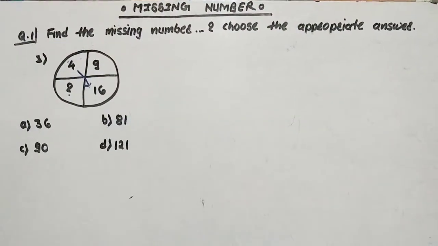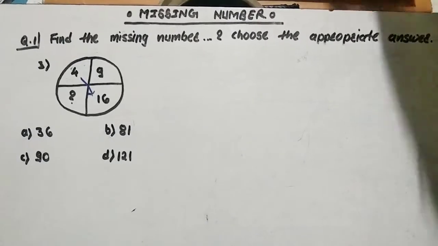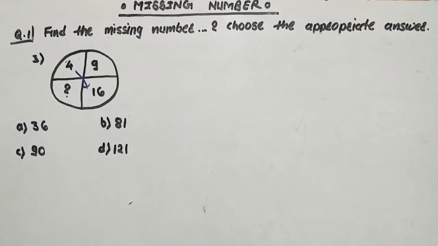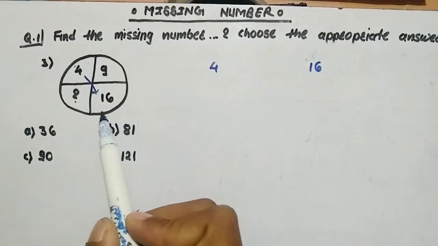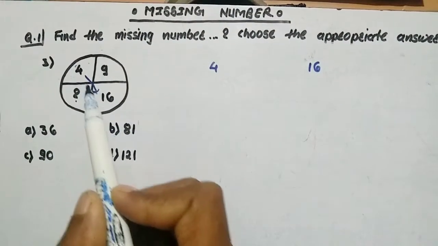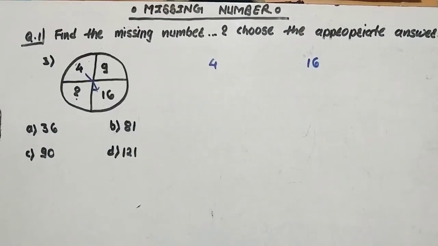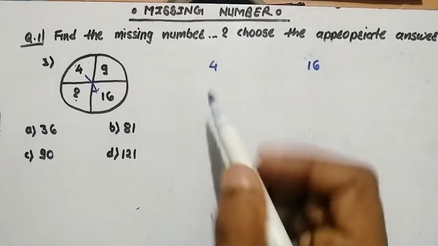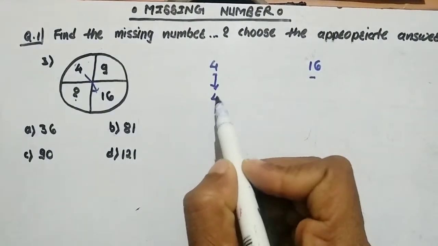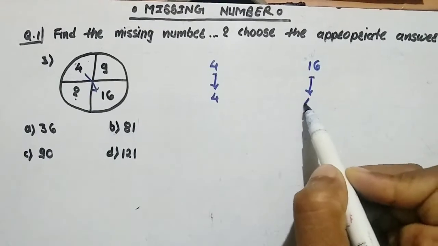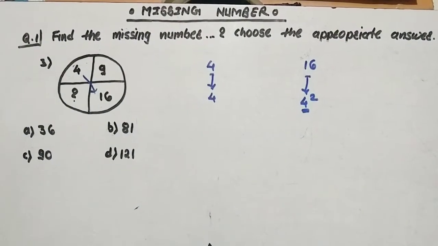Example number three: find the missing number, 4, 9, 16, and question mark. First I will write here. We already saw in these pics that 4 is crossed with 16, opposite each other. So 4 and 16. What is the basic difference of 4 as it is and 16? When we square that number, then we will get 16.